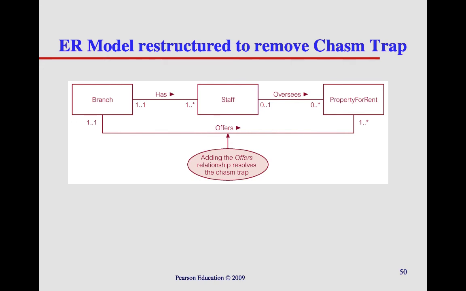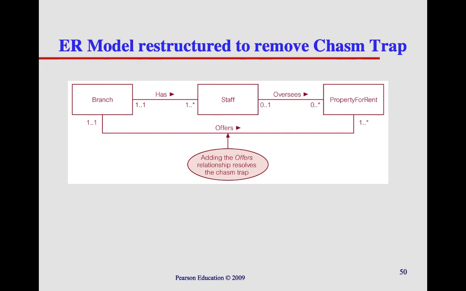It's wrong. So the problem is, in fixing the chasm trap, we introduced redundancy into our database right here. And if we update the staff's branch number, we have to make sure we also update it in the property, or we have an inconsistency.